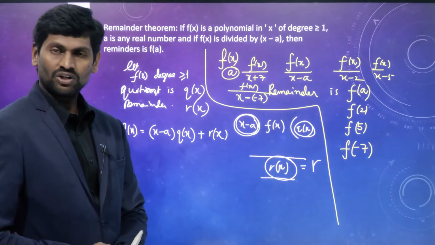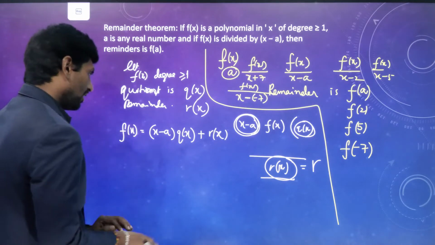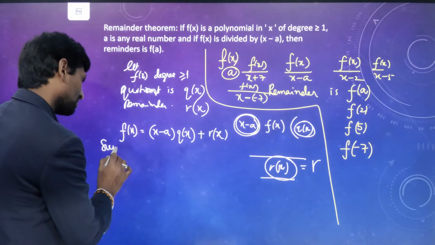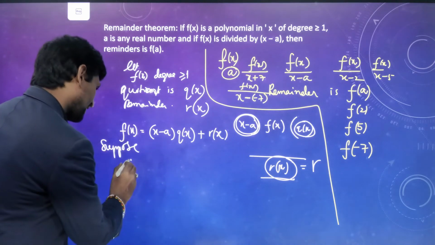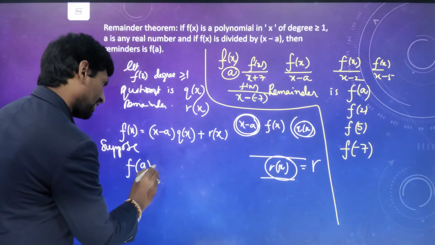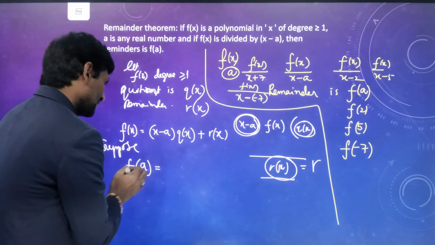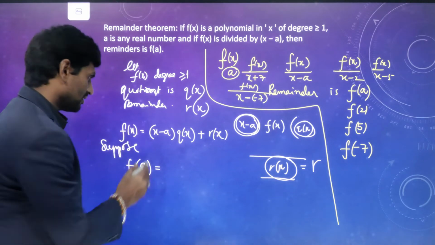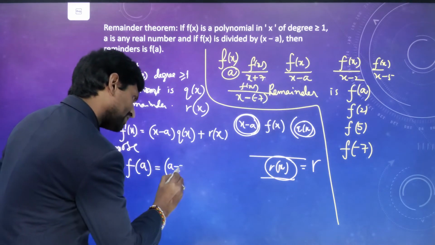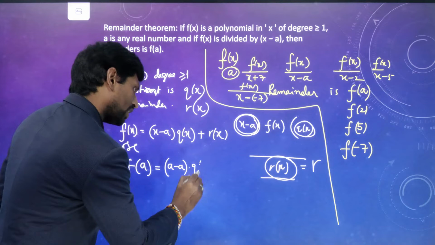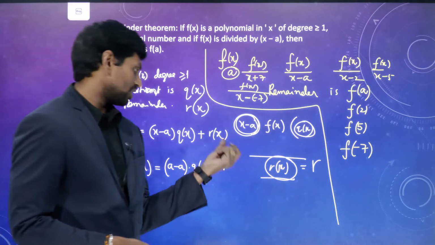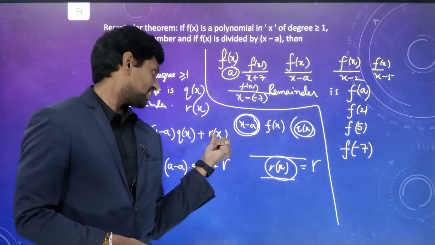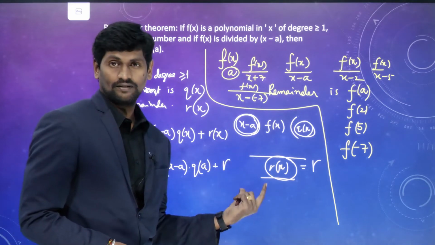Now, suppose I substitute the value a here. That means f of a equals, in the place of x I am substituting a, a minus a into q of a plus remainder r, because it is a constant polynomial, so in the place of r of x I can write r.